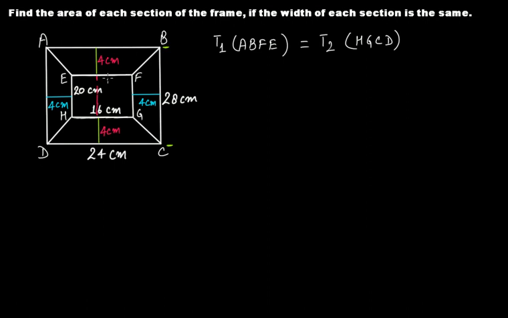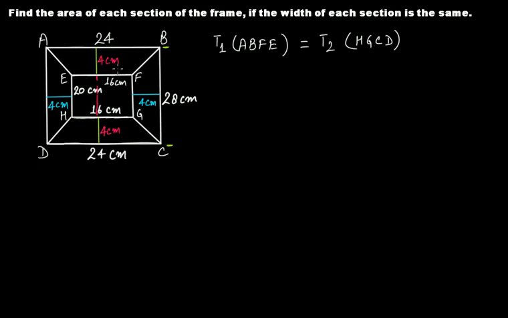If the larger of the 2 parallel sides is 24, here it's also 24, right? And the height is 4 and the height is 4. It means that this trapezium is exactly the same as this trapezium. Therefore, the area of HGCD will also be the same as this one.